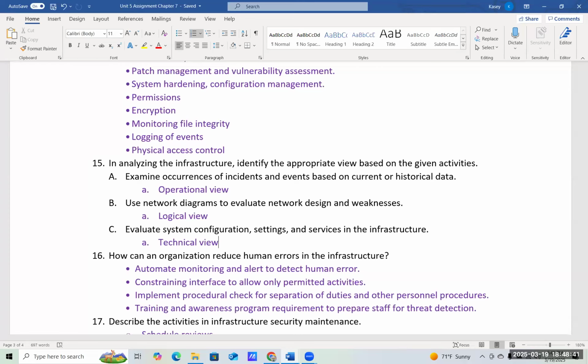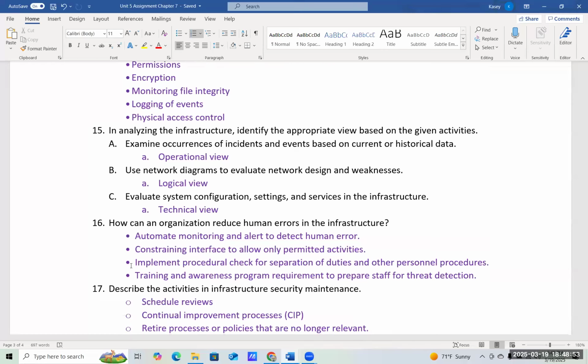And then we want to implement procedure checks for separation of duties and other personnel procedures. That means we don't want someone to do everything because that could generate illegal activity, like fraudulent activity. So we want to have a check and balance. If I have an accounts payable manager or accounts payable staff, they cannot issue their own paycheck.